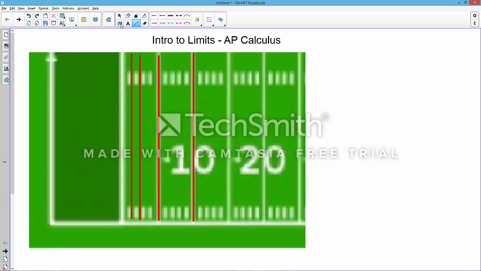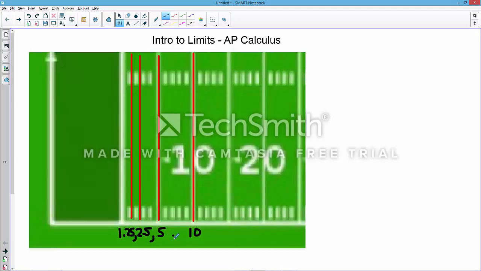Okay, so let's maybe write that. So they started at the 10, they went to the 5, they went to the 2.5, they went to the 1.25.